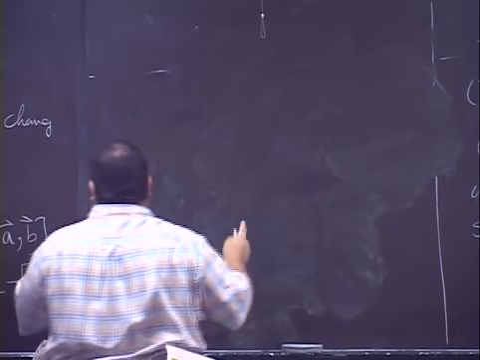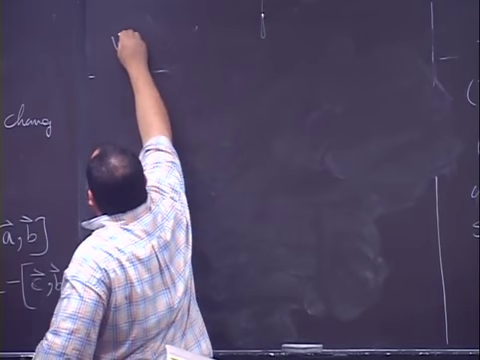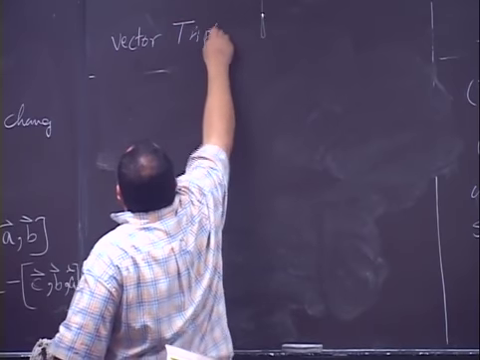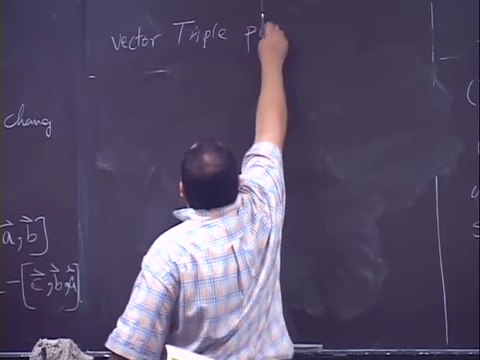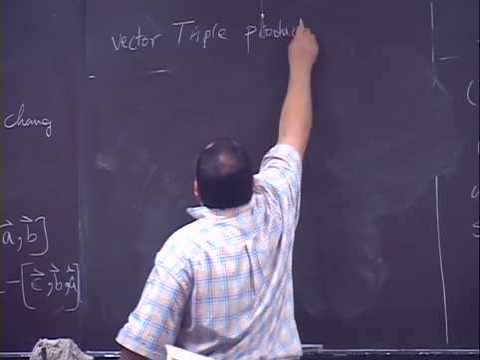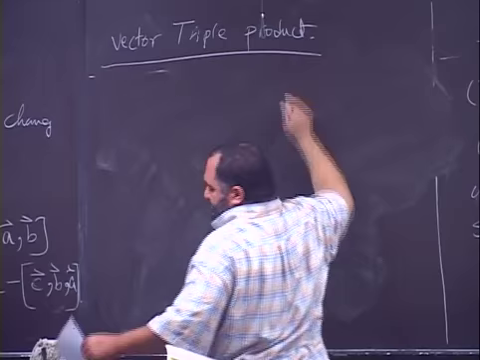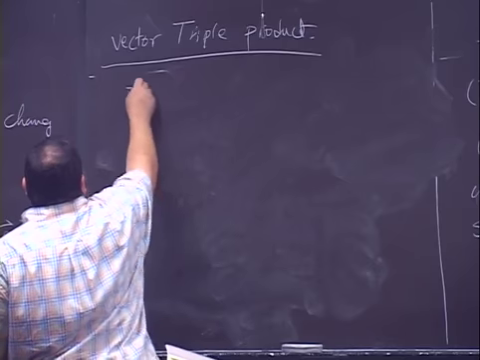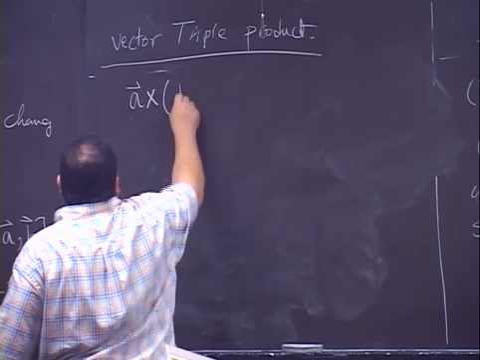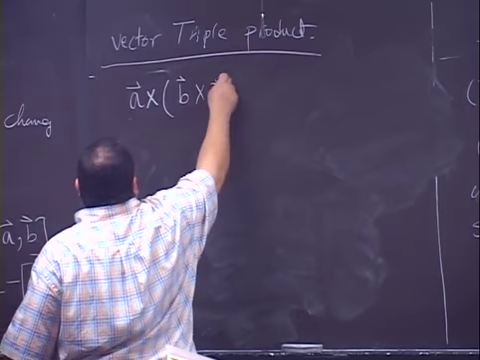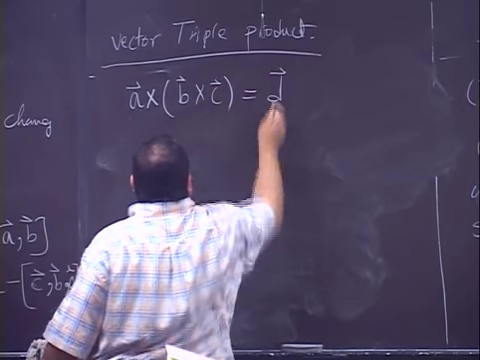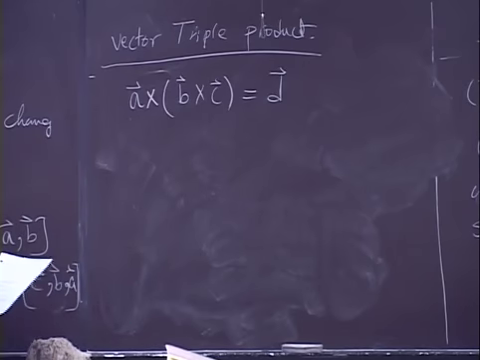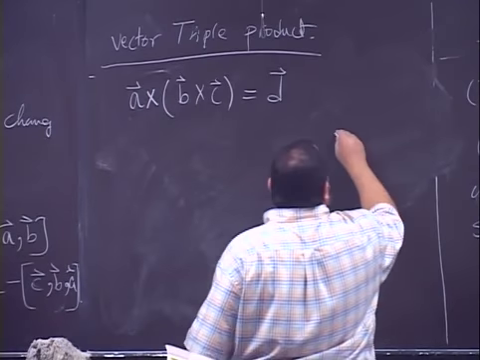So lastly, we will be studying the vector triple product. And in this case, if we have three vectors A crossed with B crossed with C. Let's assume that this would be vector D. So D, let's again represent this here.